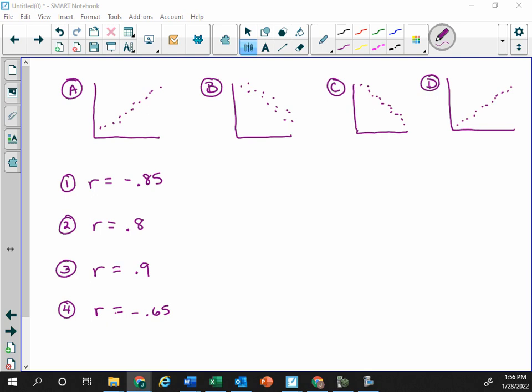So try to match 1, 2, 3, 4. You're going to match A, B, C, and D to that. So guys, try to do that. Talk to your neighbor, see if you agree, and then we'll go through. If you don't have a neighbor, find a neighbor.